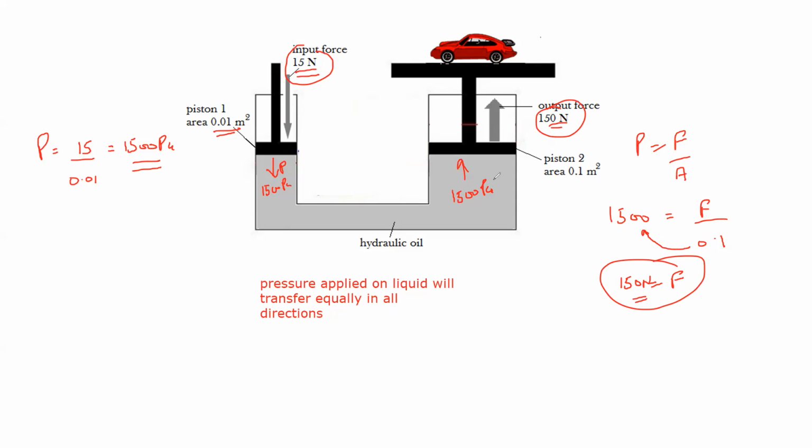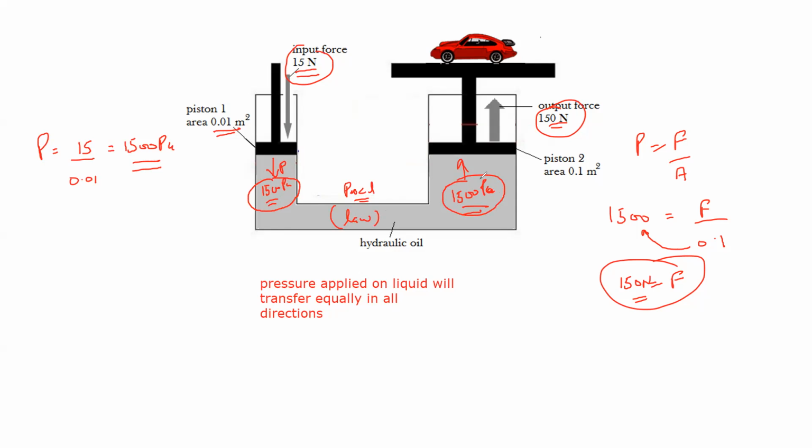Maybe you have seen, like in a garage, the mechanics or tire repair shops, you will find why the pressure on the left hand side is the same as the pressure on the right hand side. This is a law which is known as the Pascal law. According to Pascal law, whatever pressure you apply on the liquid will be the same pressure on the other side.